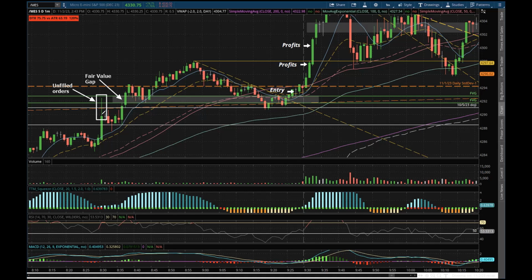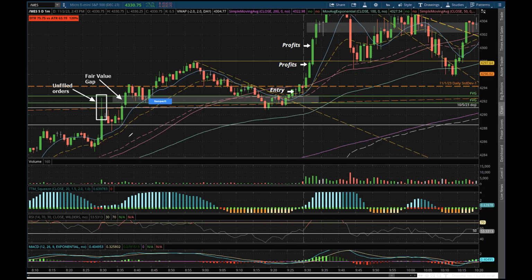The size of the wick was a big deal, and it also crisscrossed a daily level. And that's pretty much because I didn't play any of this stuff. I played when it came back and interacted here.